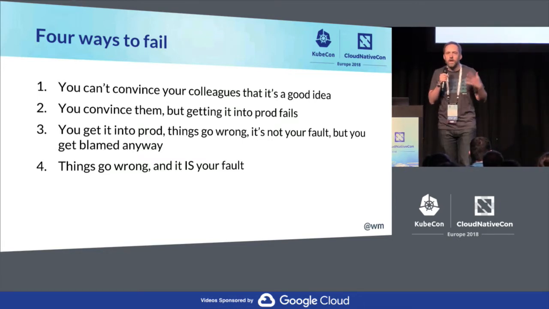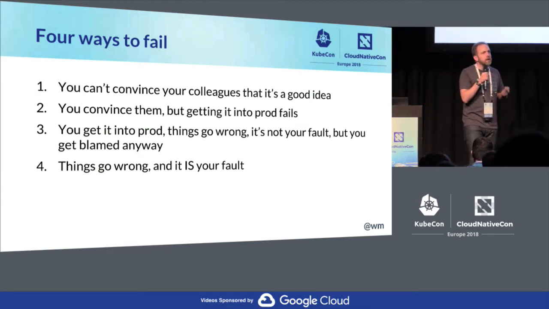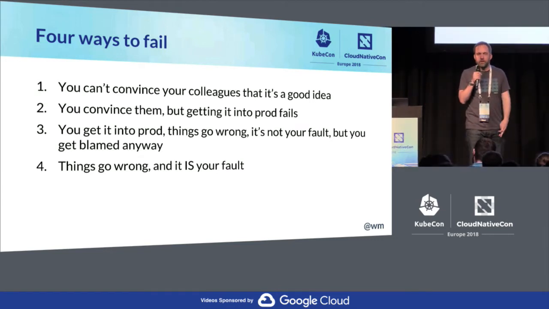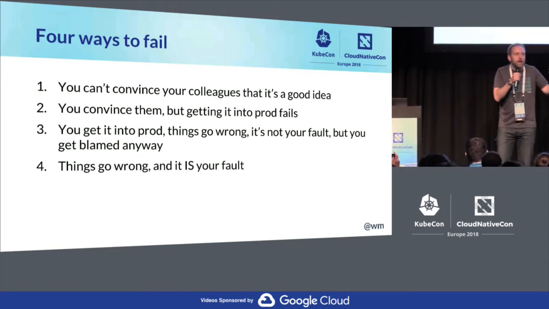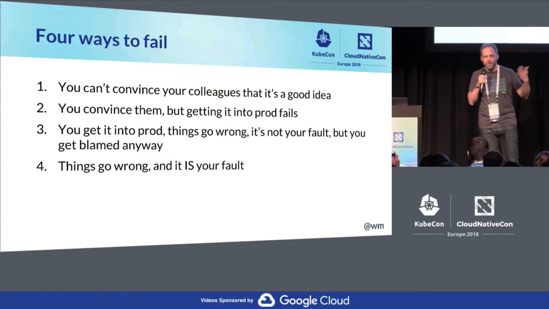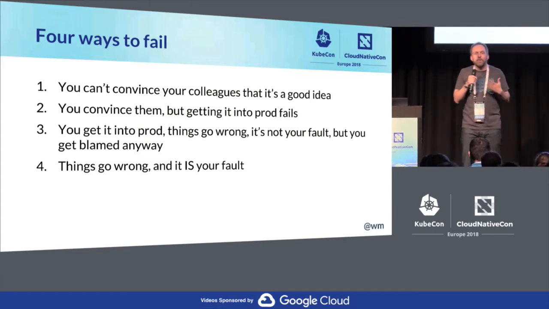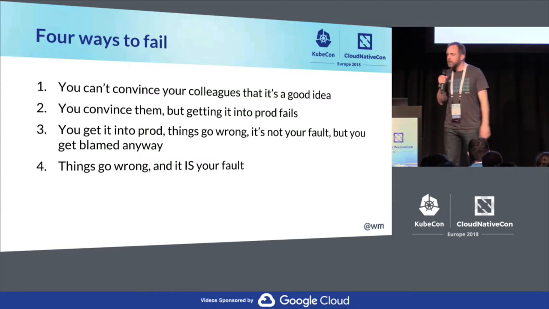The 4 ways that we actually see people fail with the service mesh are, number 1, you can't convince your colleagues that it's a good idea. In most companies, there are other people who you have to convince. It's not just you. Sometimes it is, and that's a very nice company, but most of the time there are other people, and that's why a big part of this talk is about how to convince other human beings.